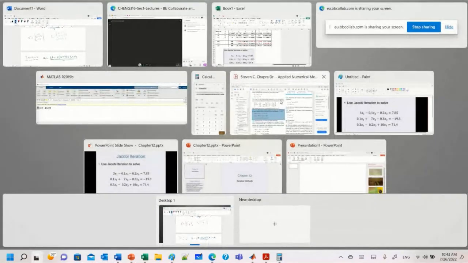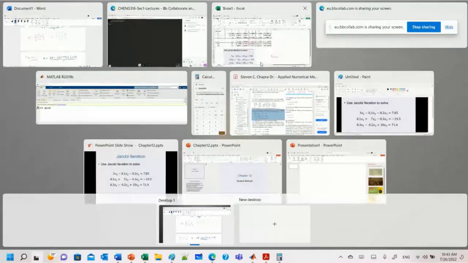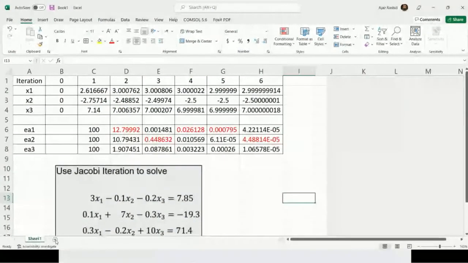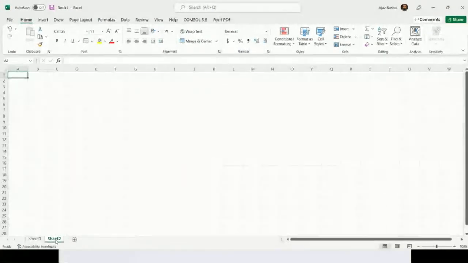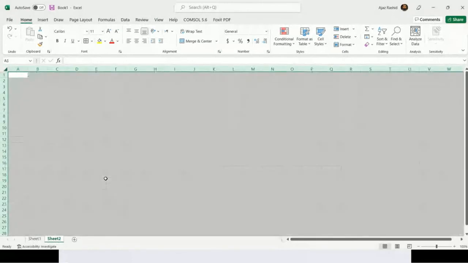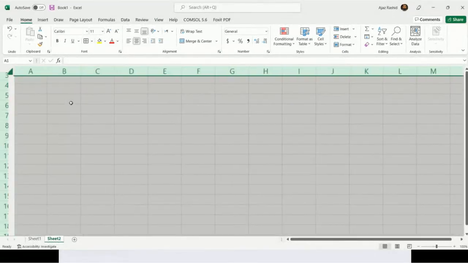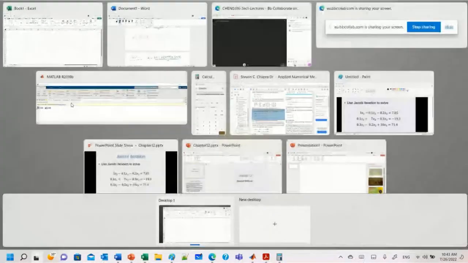Where are we? Since we were disconnected here, let me repeat the Excel work with this problem.